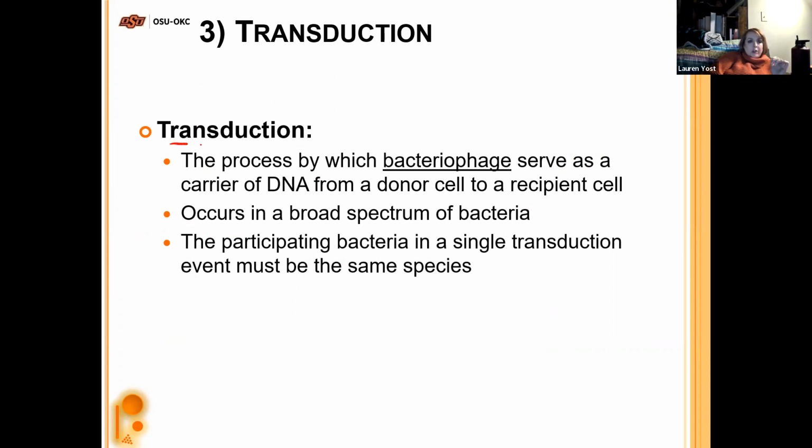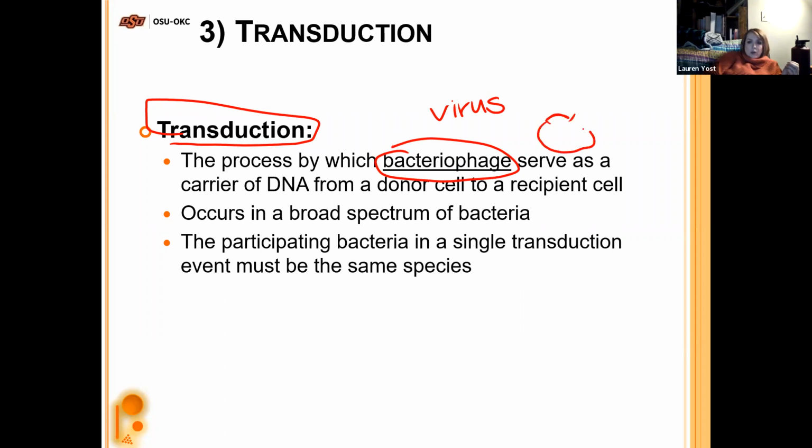Now we're moving on to the third one, transduction. Transduction is whenever we have a bacteriophage, right? So bacteriophage, remember, is a virus that infects bacteria. When we were talking about the lytic versus the lysogenic cycles, if we're going through the lysogenic cycle, we can have our viral DNA being inserted into the whole bacterial chromosome, right?